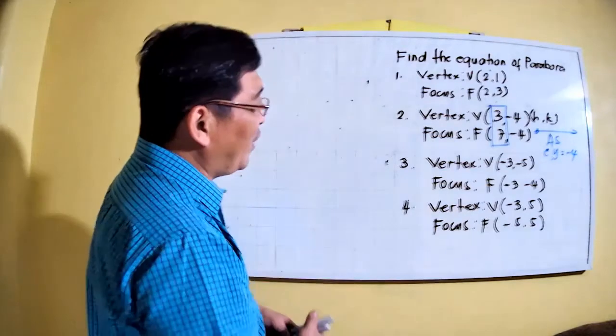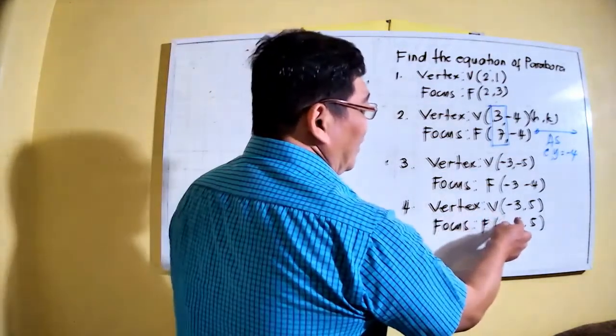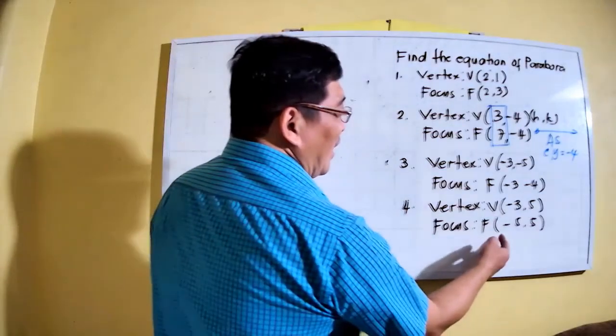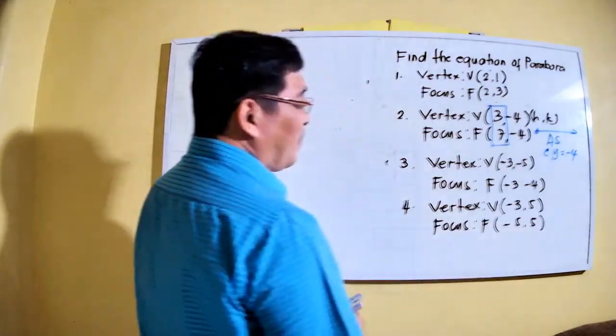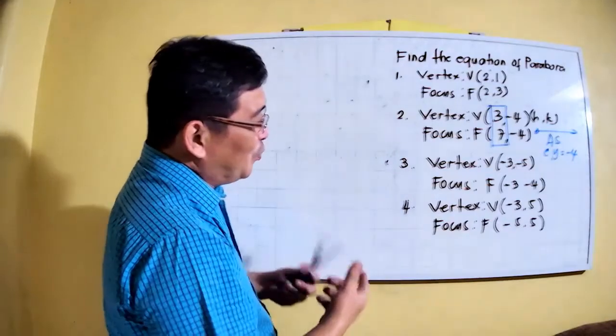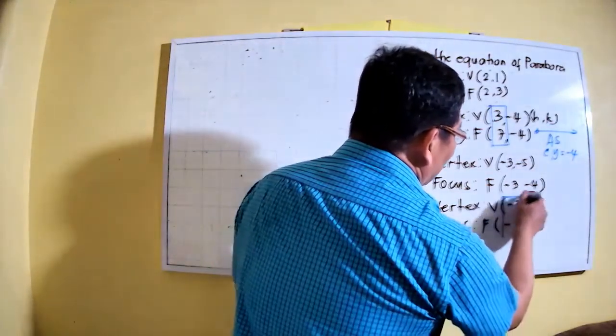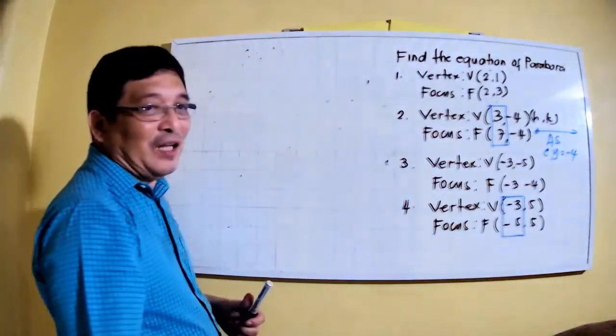Here at number 4, we have vertex V is at negative 3 and 5. Focus is at negative 5, 5. So, nasaan yung movement natin? The movement is at the x value.